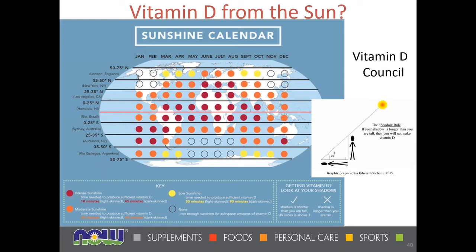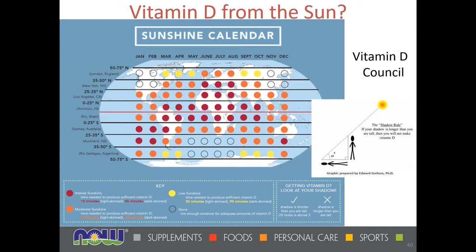So if you're in the months when you have the reddish area, intense sunshine, it takes 10 minutes for light-skinned people, 45 minutes for dark-skinned people to make your vitamin D, which is looking at 400 to 600 IU, not a huge amount. Moderate sunshine, it takes twice as long typically for the orange.